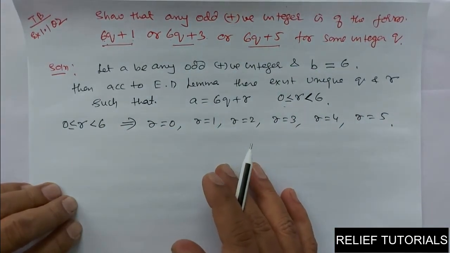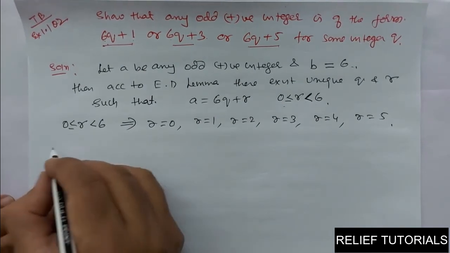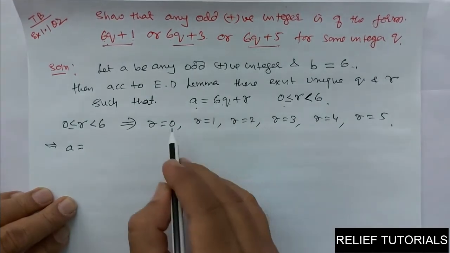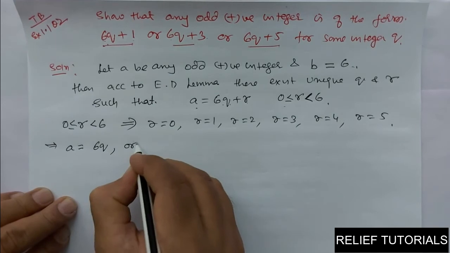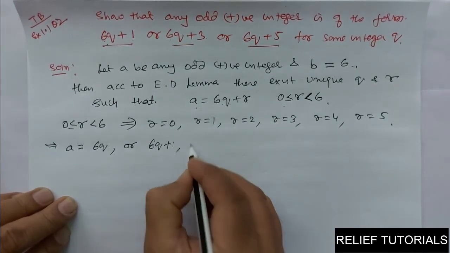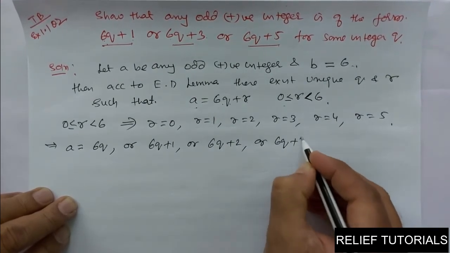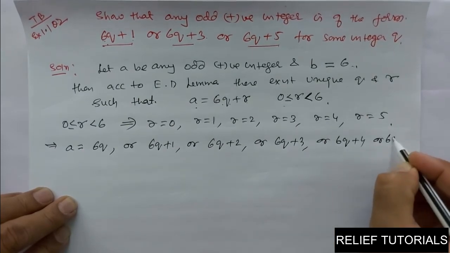Directly you can say, okay, B is equal to 6. Then A is equal to 6q plus r. r is 0, so A is equal to 6q. Or r equal to 1, so 6q plus 1 or 6q plus 2 or 6q plus 3 or 6q plus 4 or 6q plus 5.